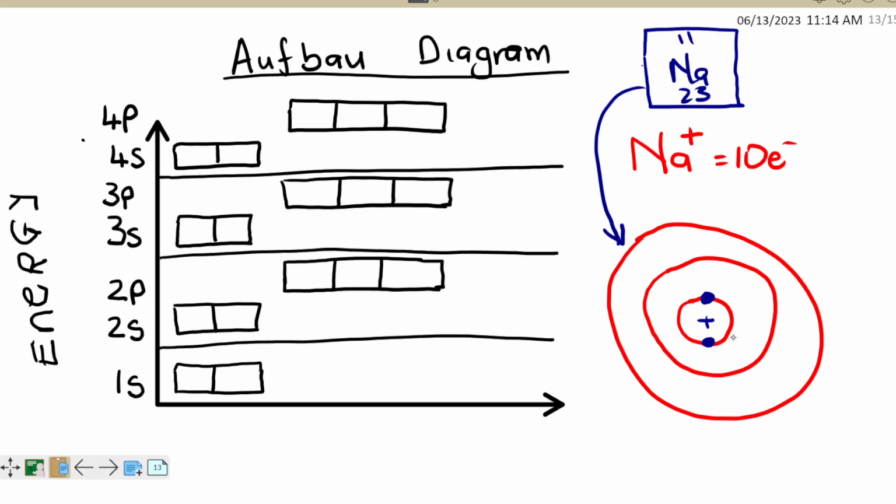So these 2 electrons I have to draw now in this 1s orbital. Each block must have 2 electrons. There is a rule that you must follow here, it's called Hund's rule.